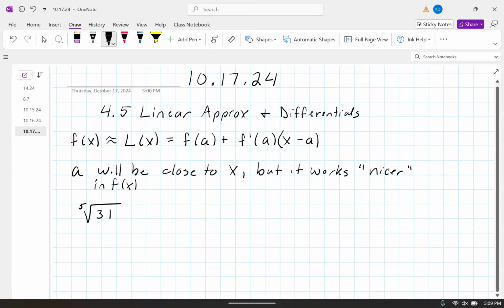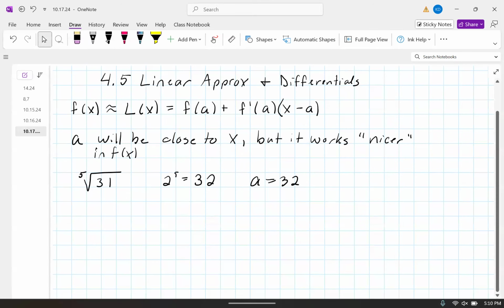The fifth root of 31, sorry, undershot that one. I know that 2 to the fifth is 32. So we're going to use as our test point, our A is going to be 32 instead, and we would plug that in, but we'll do that in a minute.